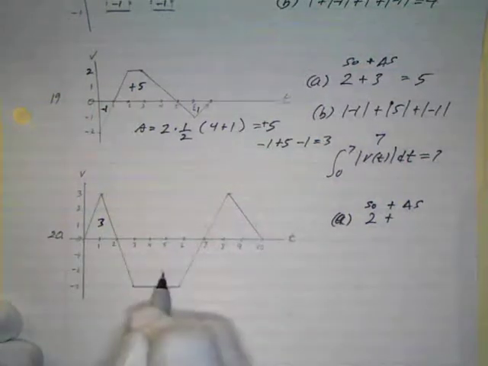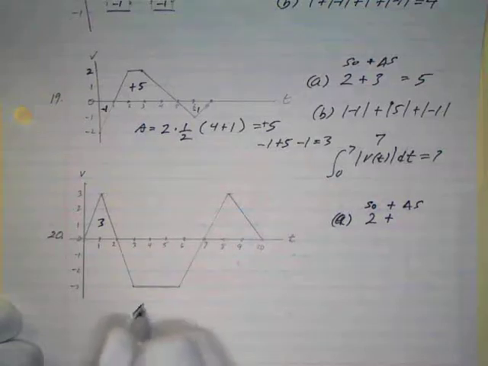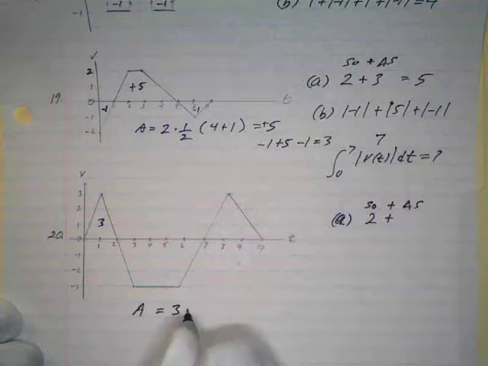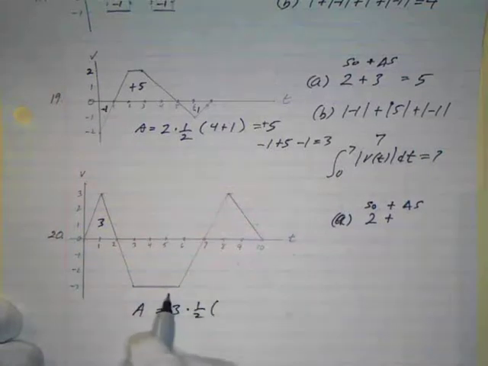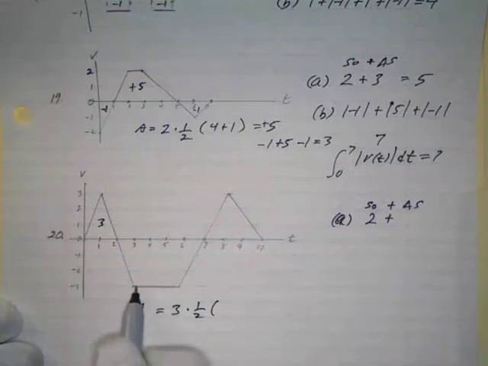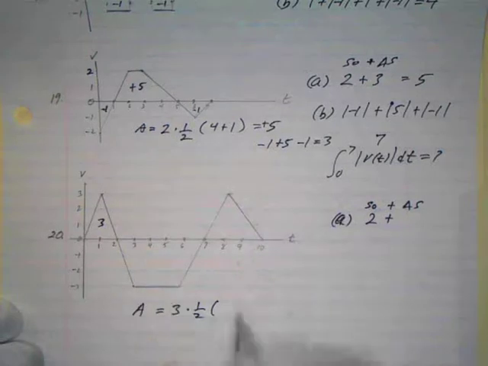I have another trapezoid down here. Again, the height is 3. So area of the trapezoid equals height times 1/2 base 1 plus base 2. Now my base 1 will be 1, 2, 3. I'm going from 3 to 6.